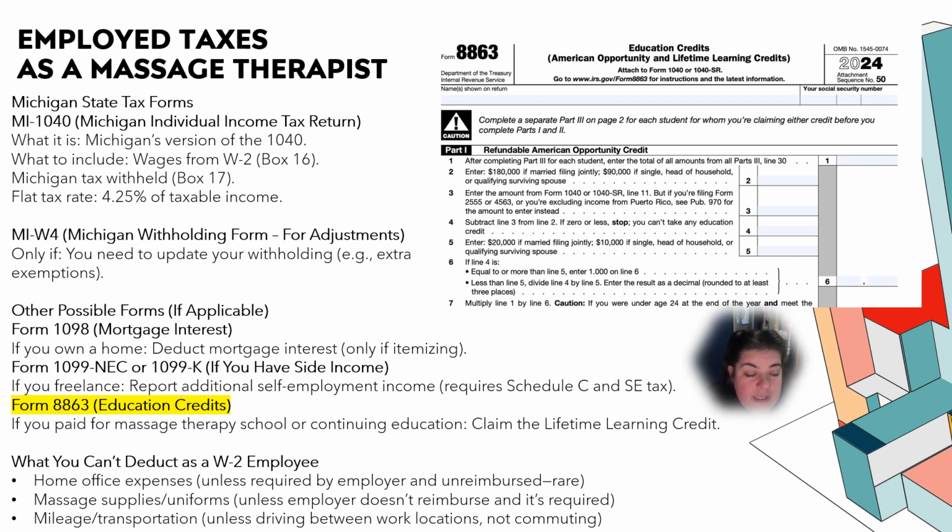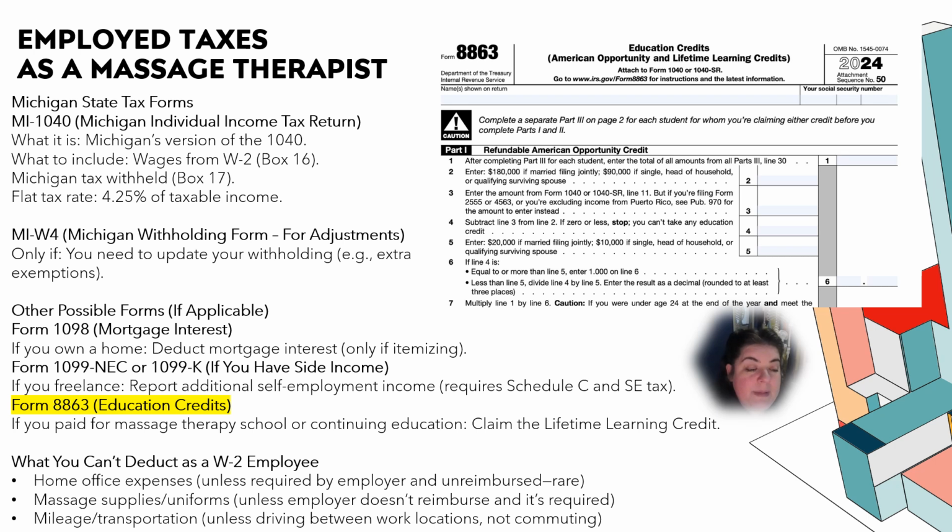Mileage and transportation cannot be deducted as a W-2 employee unless you're driving between work locations, not commuting to and from your normal office. That being said, a lot of employers do pay for mileage, so then you can't deduct it anyway because you're already getting paid for it.